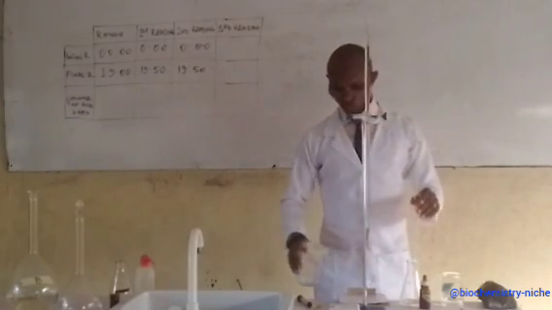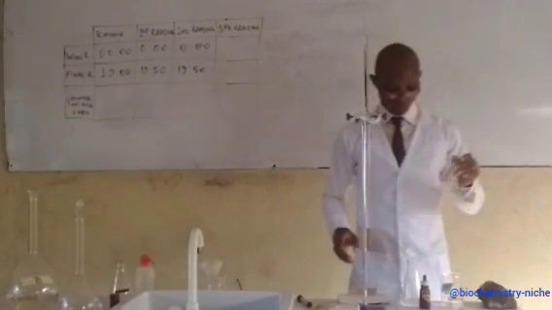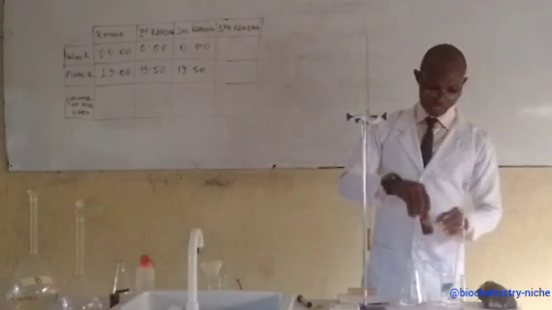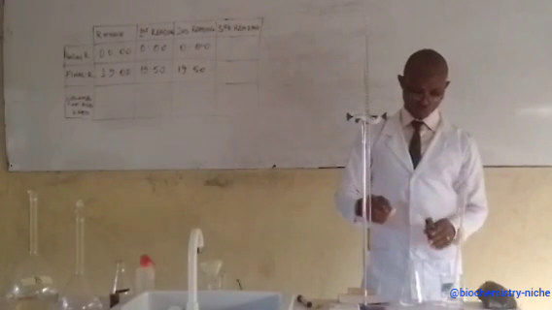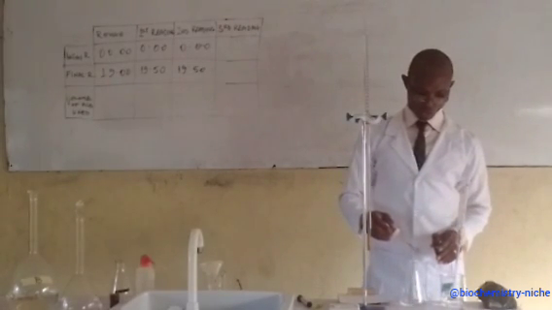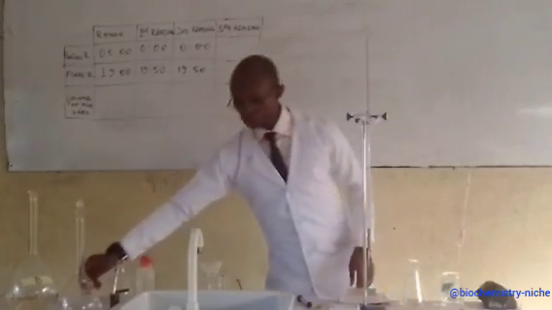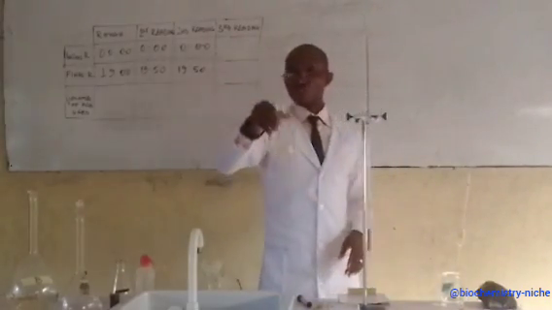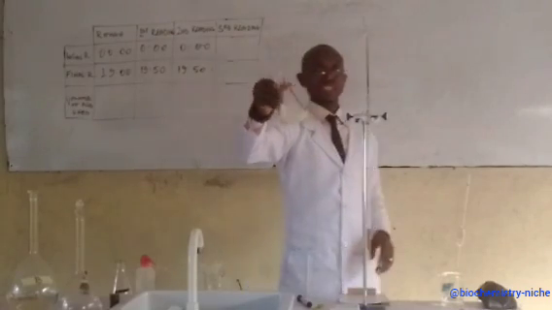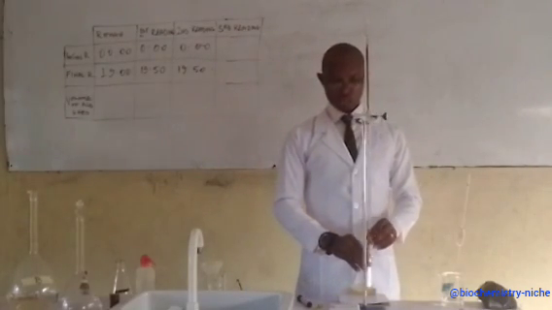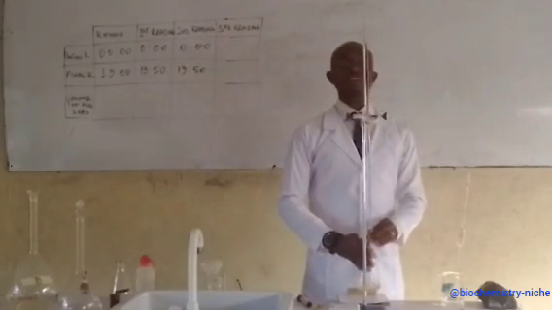Okay, so I've zeroed this as well. Now let me add my indicator. So it's 2 drops of indicator, 1, 2. So after adding my indicator, I have this golden yellow color. So I have stirred gently. Let me now run my acid to it to get the final reading.